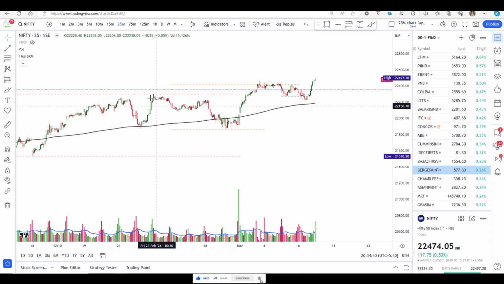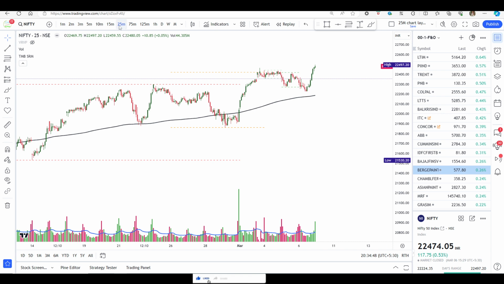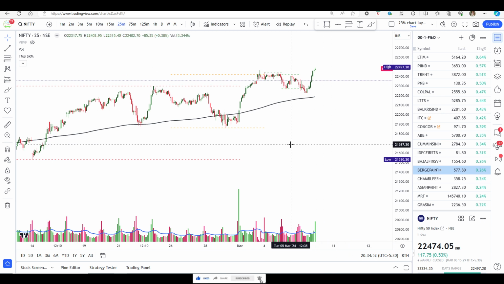As per my understanding and experience, for Nifty I use the 25 minute chart. The reason for using the 25 minute chart is that from morning to evening it forms a complete number of candles.